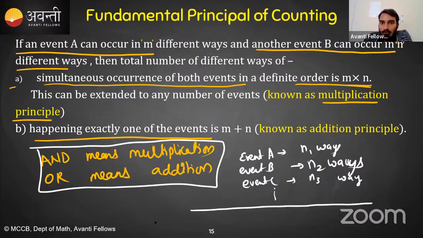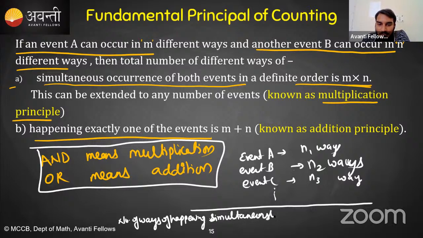So the number of ways of happening all events simultaneously: how many ways? First, event A can happen in n1 ways.